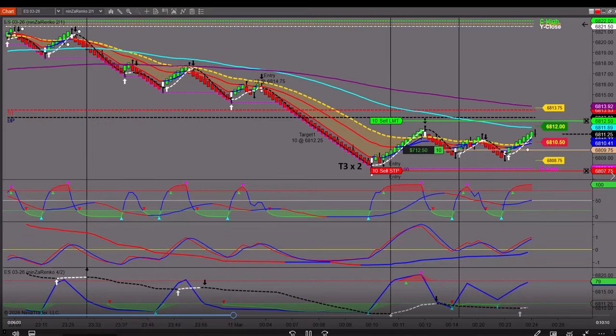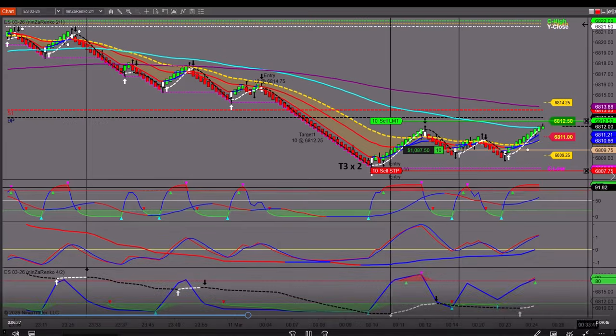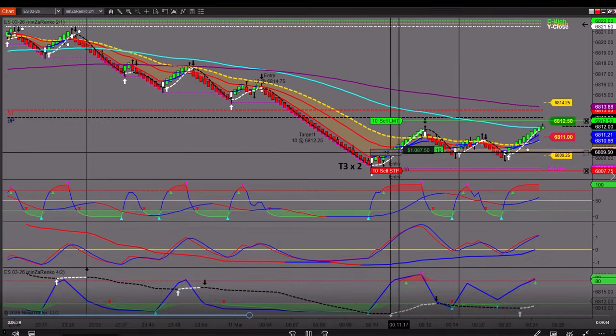I'm still in the trade, and you can see my stop loss is still 1 tick below. If I went short, 1 tick above. That's what I'm usually doing. So you can see my target here, and it's just below these pivots. We're just waiting to get up there and hit this target.